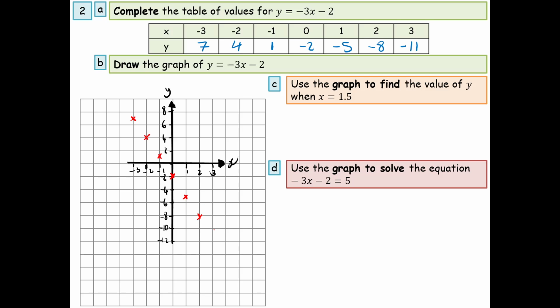And then 3, minus 11. If I've done this right, it should join together with a straight line. And it has. That's y equals minus 3x minus 2.